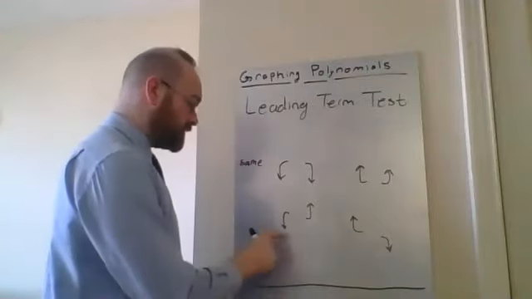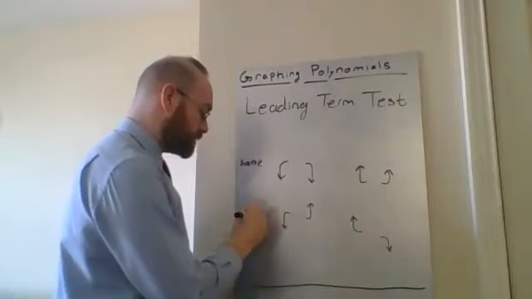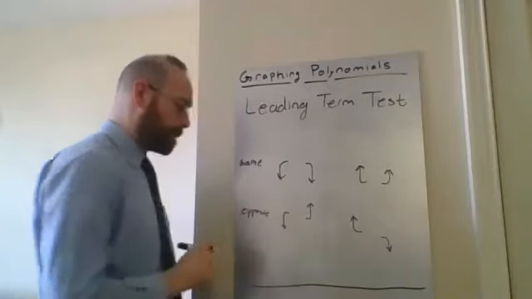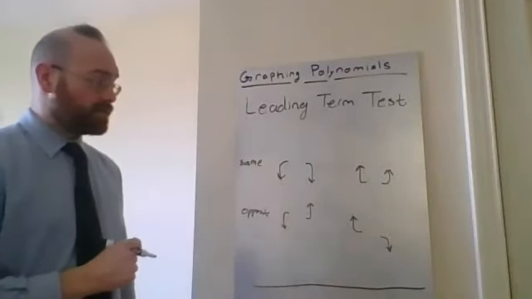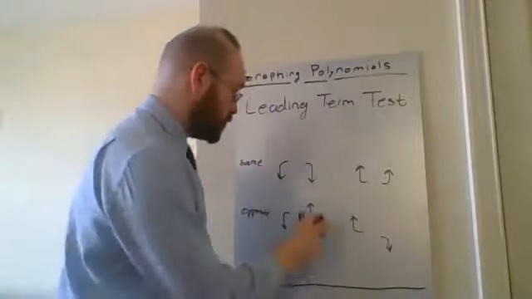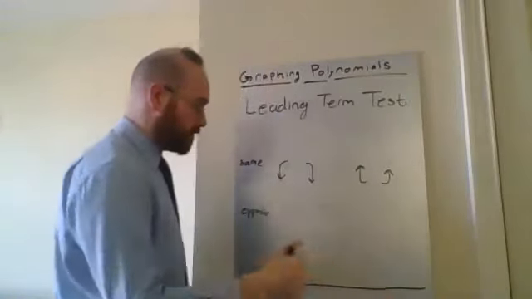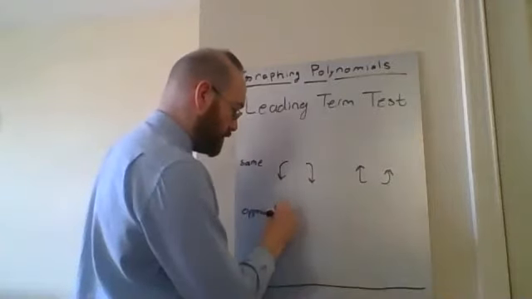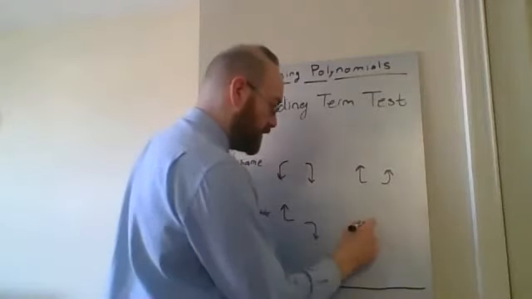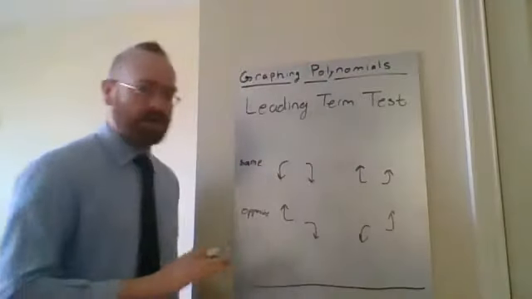And these 2 are going in the opposite direction. I just realized something. In order for this table to work out very nicely, I need to switch these 2 around. We'll see why in a moment.